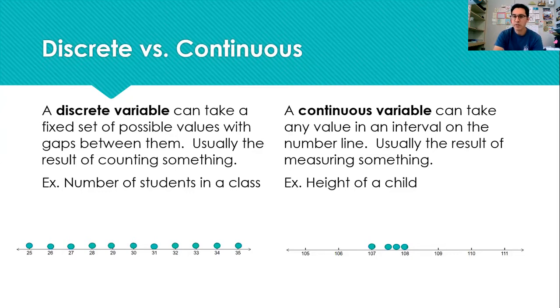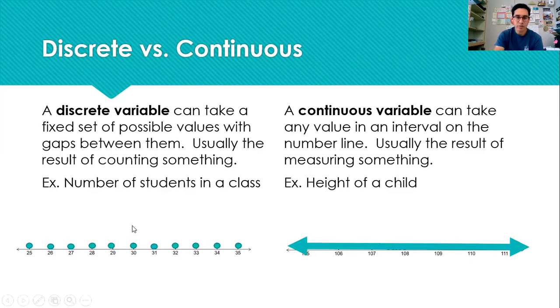The thing about a continuous variable is that for any two values you have, it's always possible to measure a value in between those. So you can get any value on the number line, and we get a continuous looking graph like that.